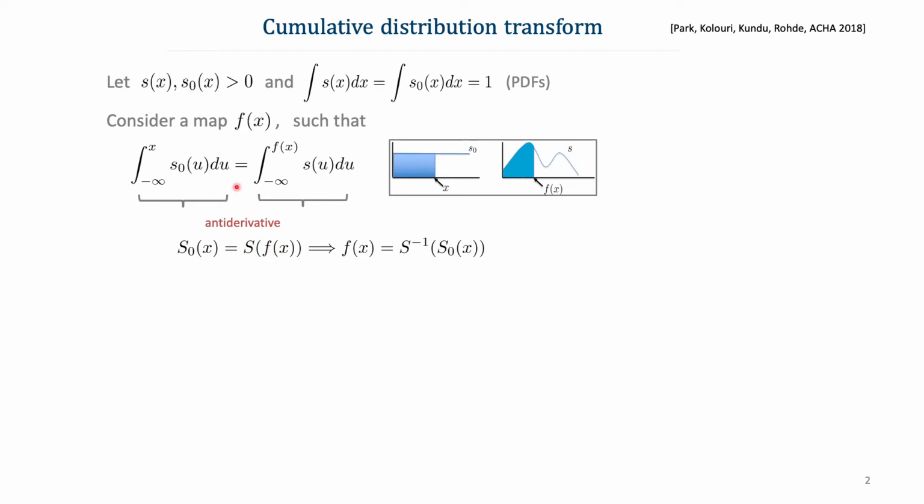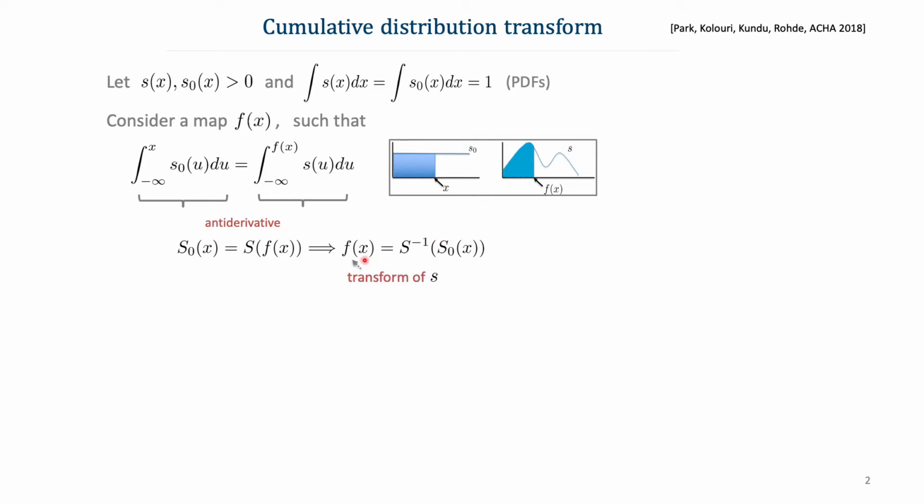Now, because we defined our signals to be positive functions, their integrals will also be positive functions, and in addition, they will be monotonic or one-to-one functions, which means we will have such a thing as the inverse of these cumulations, which we take the inverse of capital S to obtain the map f of x that matches the area under both curves.